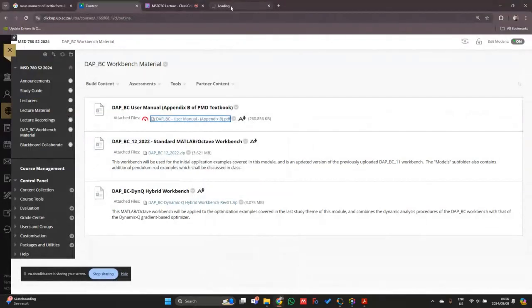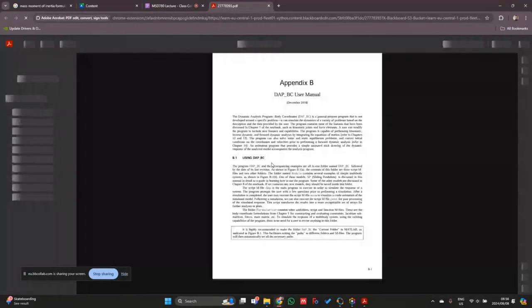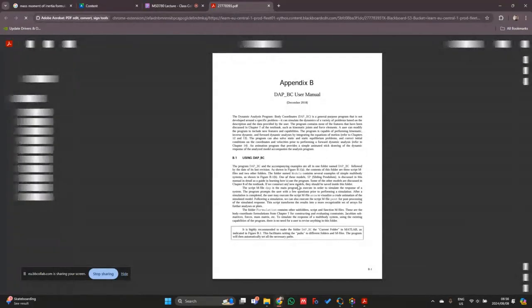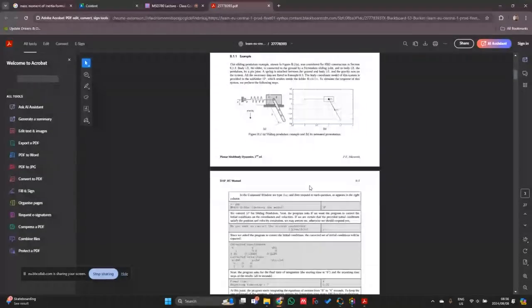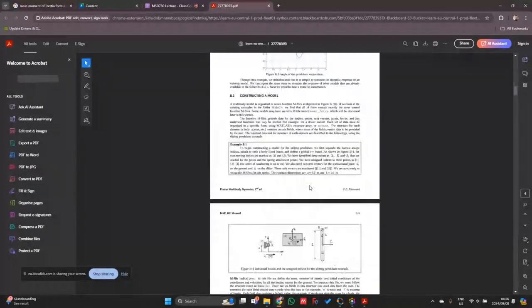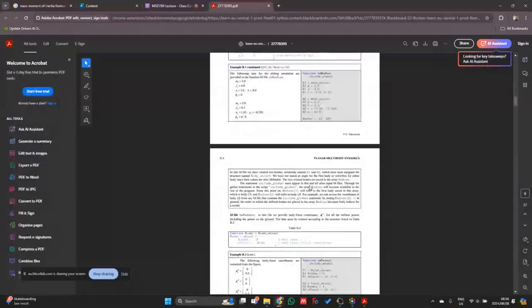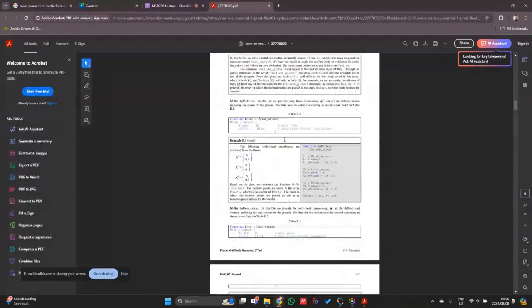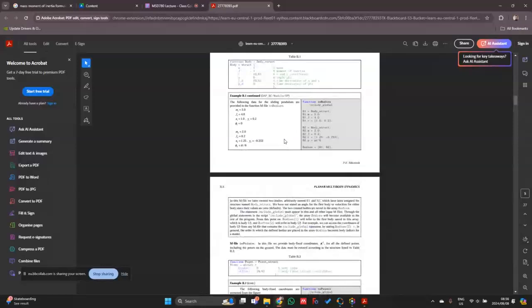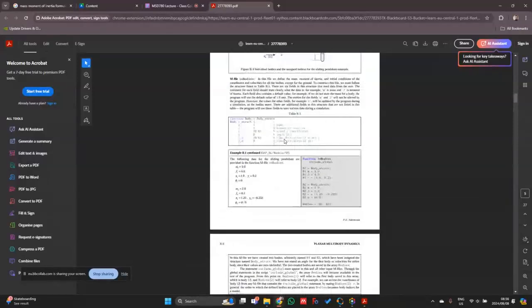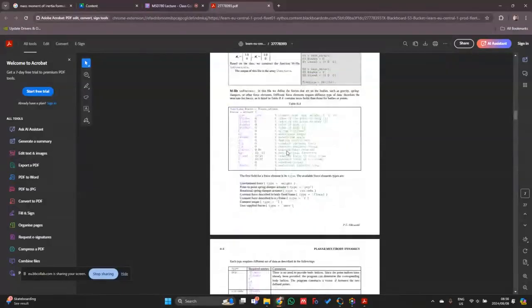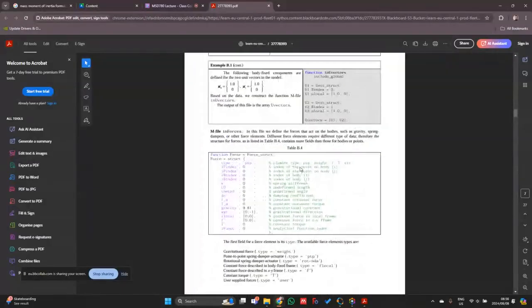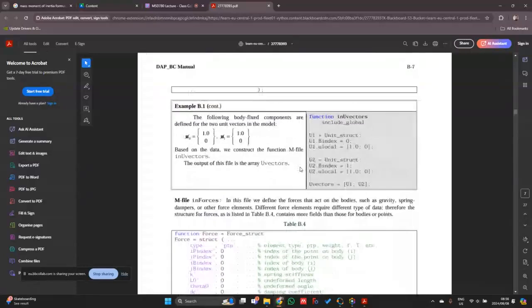If I just open this in a new file, it also gives a breakdown of all the different types of forces that you can put in. If we scroll down a bit, over here we have the force structures that we can use.